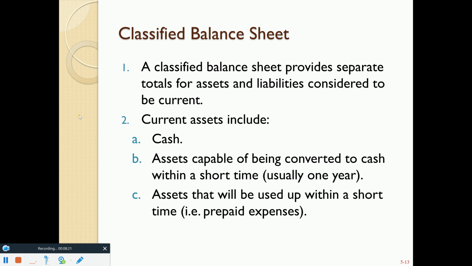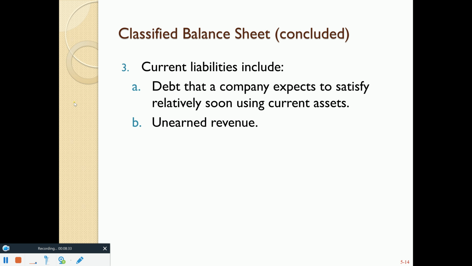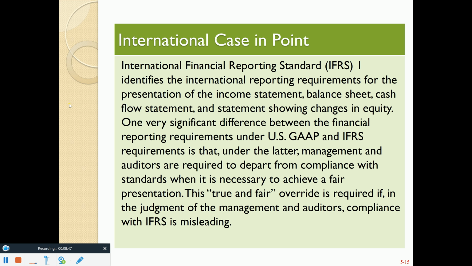And non-current assets would be anything that is not going to get used up in a year. So that's typically the property, the plant, the equipment, the land, buildings, etc. And then your liabilities. We have current liabilities and long-term liabilities. Current liabilities are basically debt that's going to be paid within a year, or unearned revenue that would be recognized as revenue within the year.